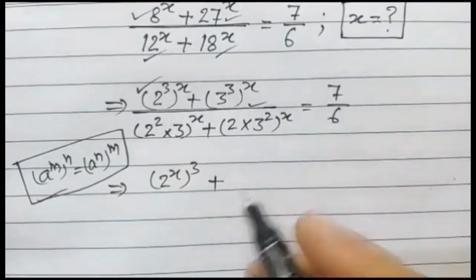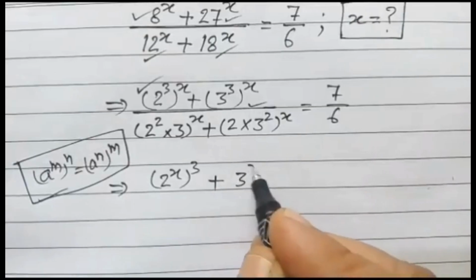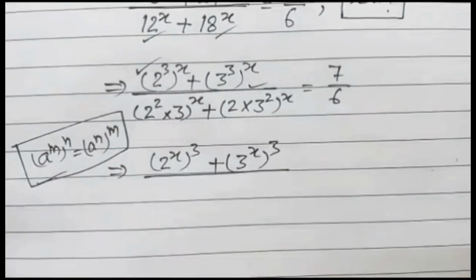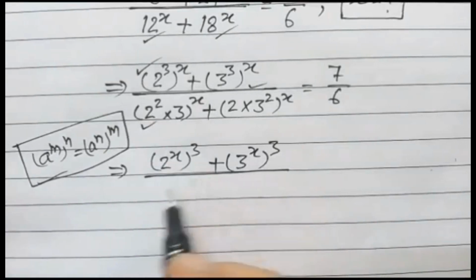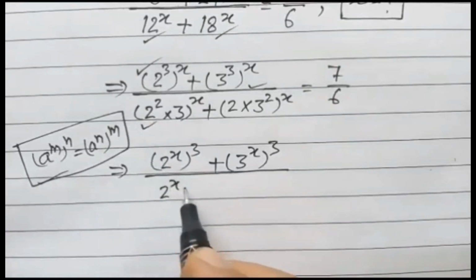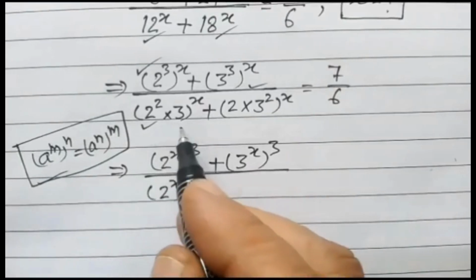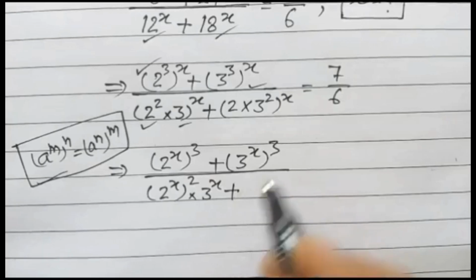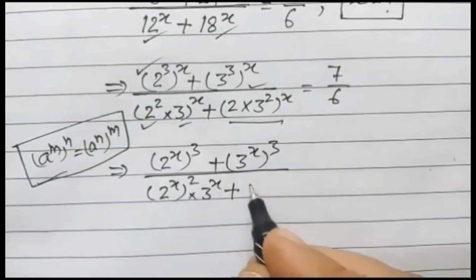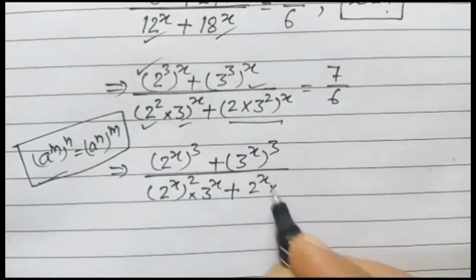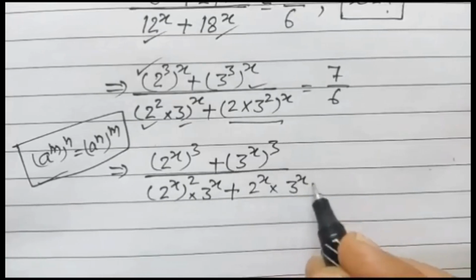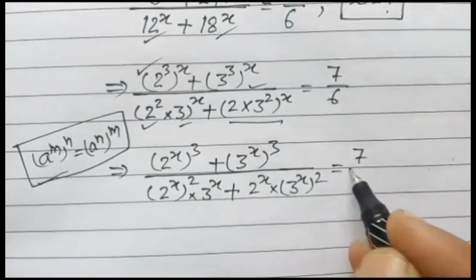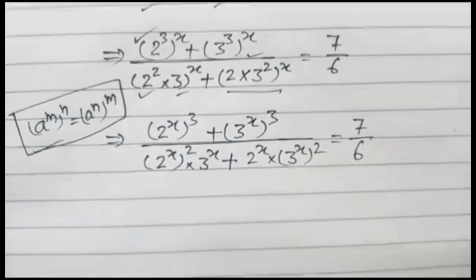So plus (3^x)^3 over this can be written as (2^x)^2 times 3^x plus 2^x into (3^x)^2 is equal to 7/6, right?